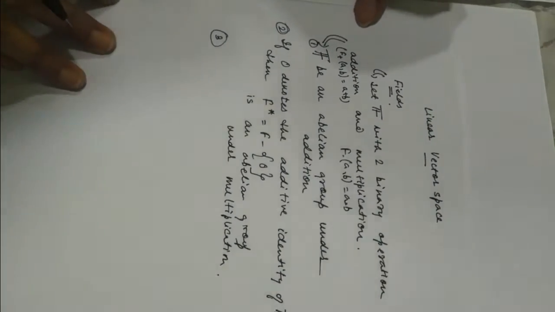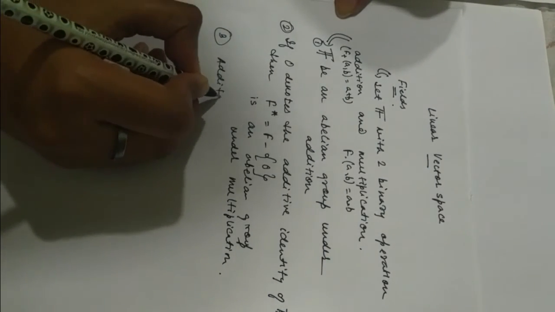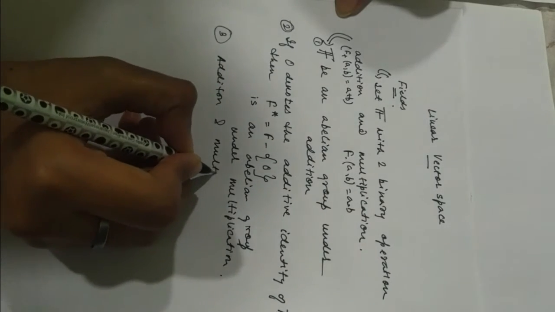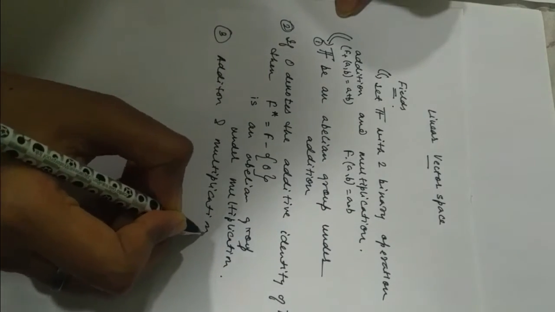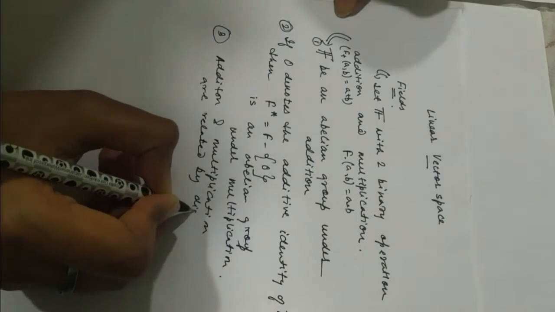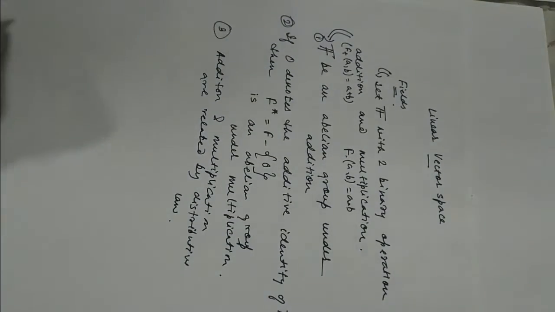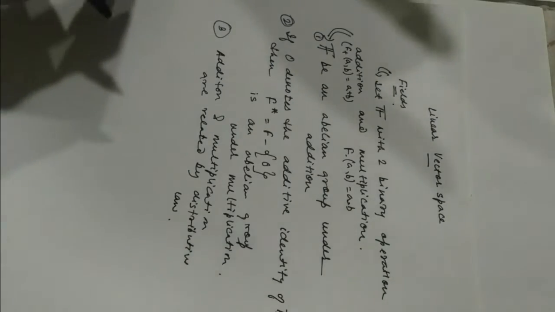And the third point is that addition and multiplication are related by the distributive law. So these are the three axioms which need to be satisfied by a set F and two binary operations, addition and multiplication, to be called a field.